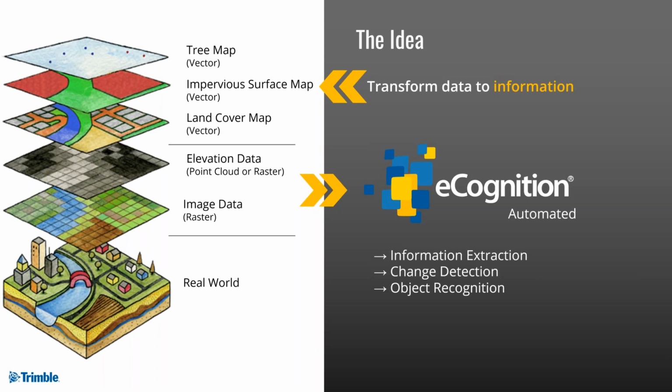Maybe that feature is a forest, maybe that feature is a road, or a single feature like a tree in the landscape. This has traditionally been done manually, but eCognition provides the tools to automate these processes. So you can take large chunks of data and automatically process them through the software based on your rule set and identify these different features or produce certain classifications like a land cover classification map.